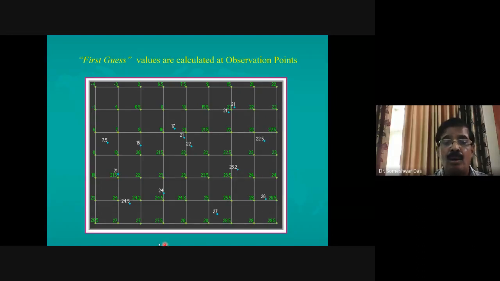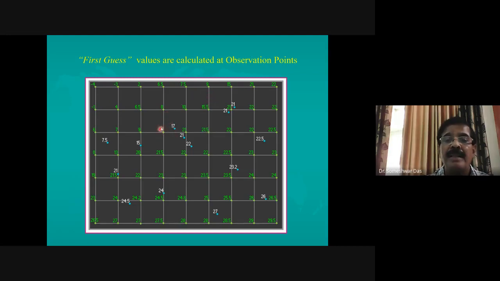All the green values are your first guess field. Basically, your aim is to use these observations, the white fields, and correct these first guess fields, the green fields. So first, you will calculate the first guess at the observation point.